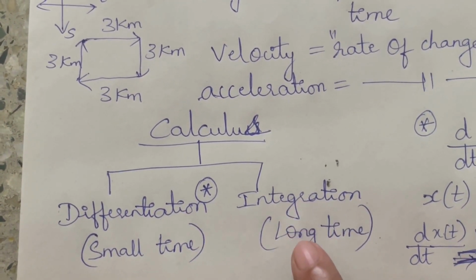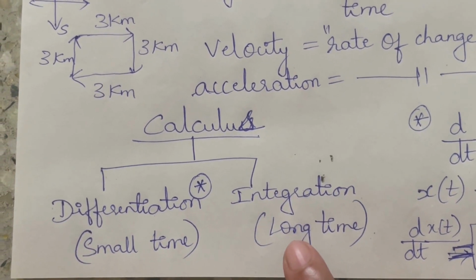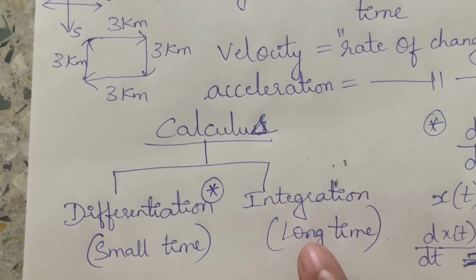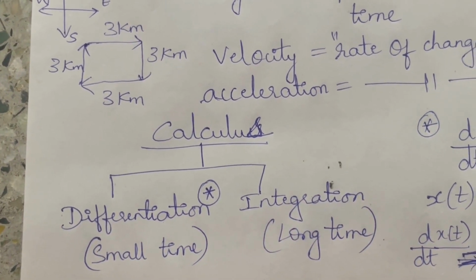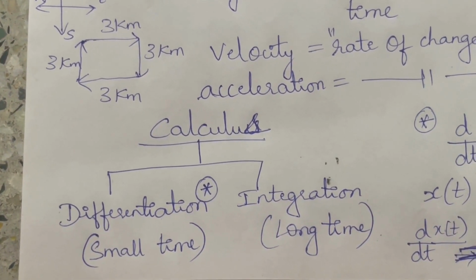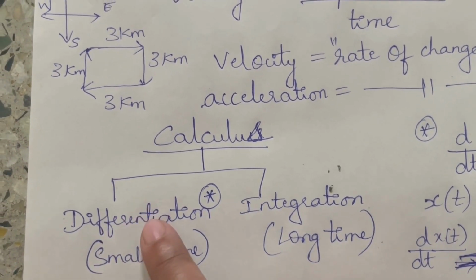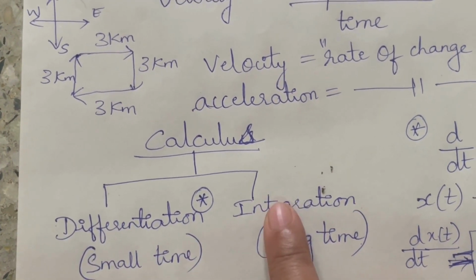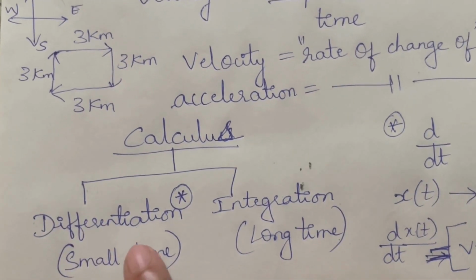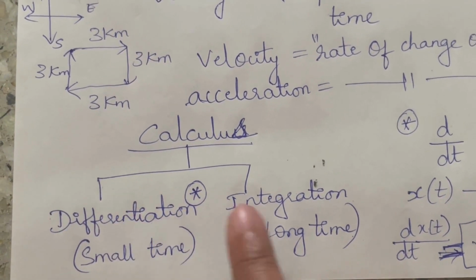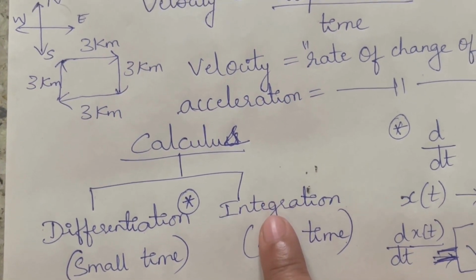That means we are trying to bring everything together for a very long amount of time. So differentiation and integration, they are kind of like addition and subtraction, multiplication and division. So this is the opposite of this and this is the opposite of this. So when you want small time, we go for this one. When you want long time, we go for this one.